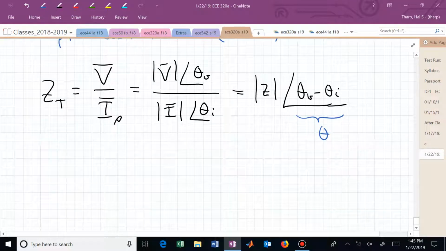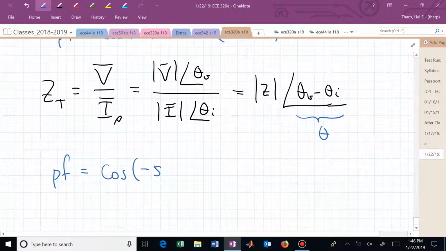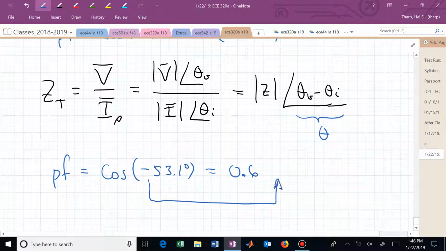So if we looked at the power factor, it is now cosine of minus 53.1 degrees. The cosine is now 0.6, but we use that negative sign, since it gets lost in the cosine operation.